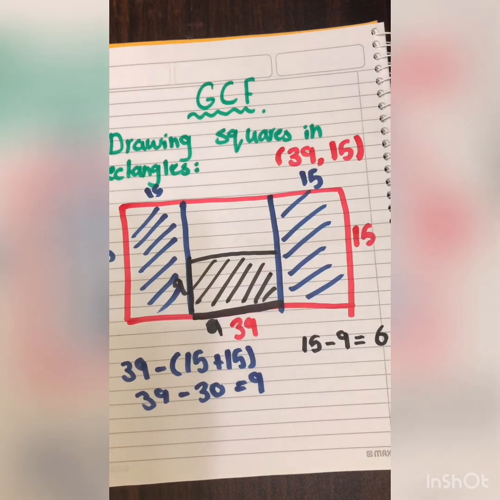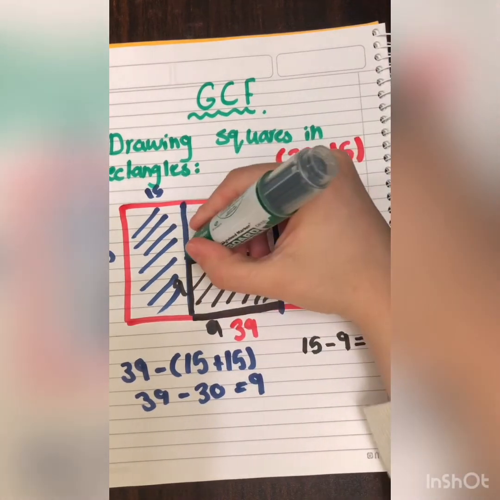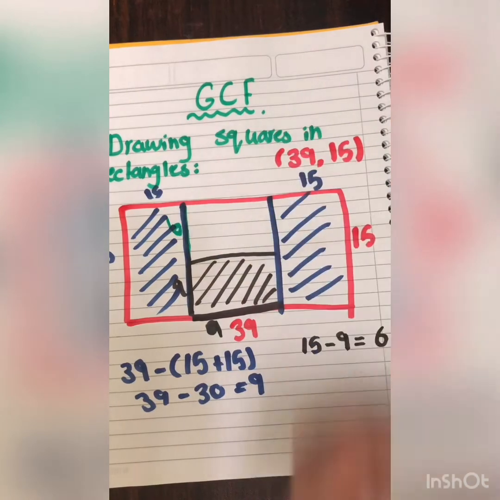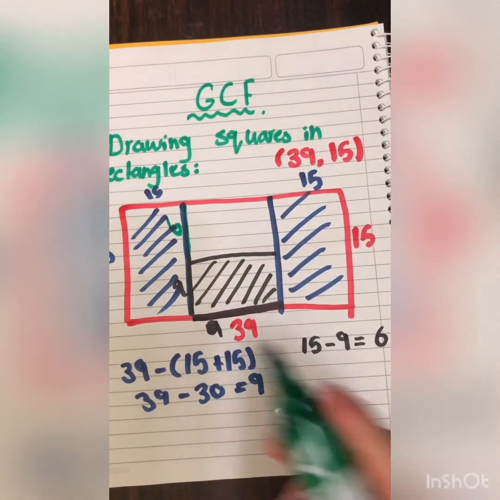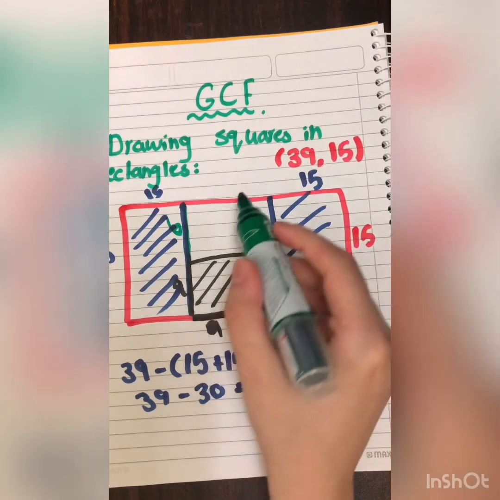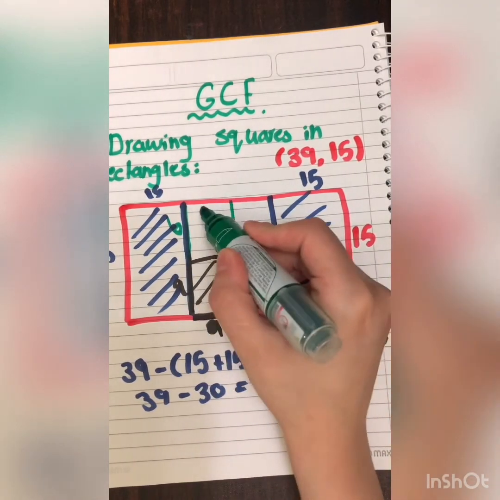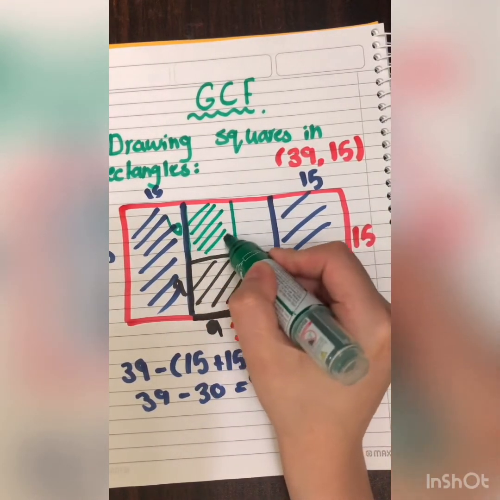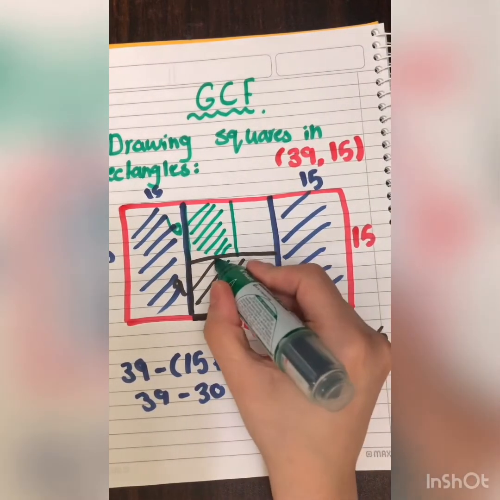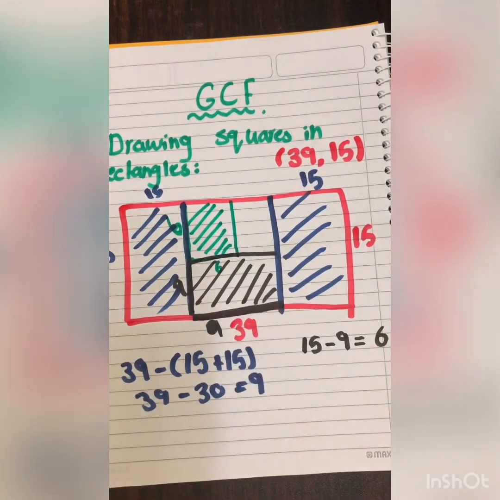So this is 6. I'm going to take from the 9 a 6, and I have here a 6 by 6 square.